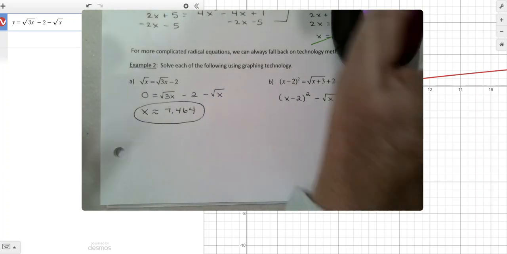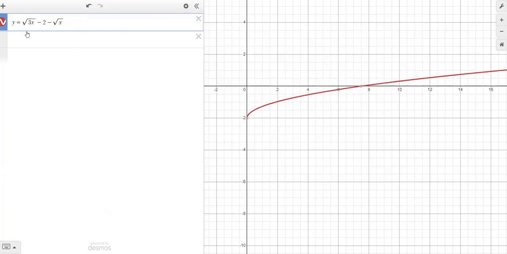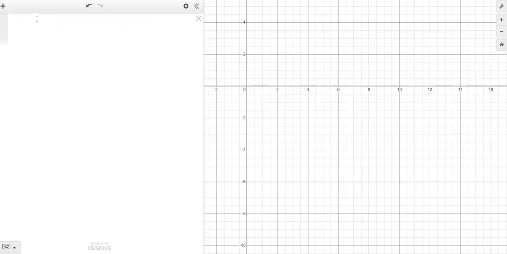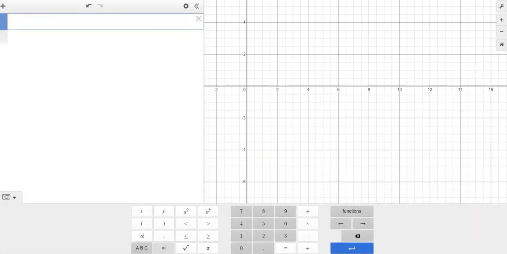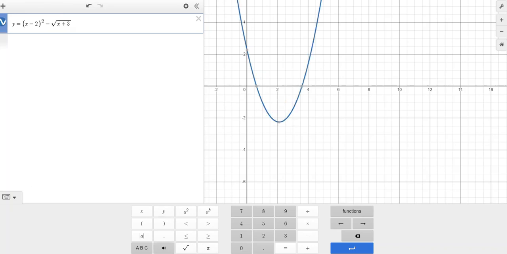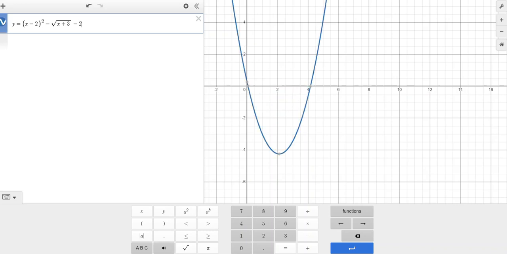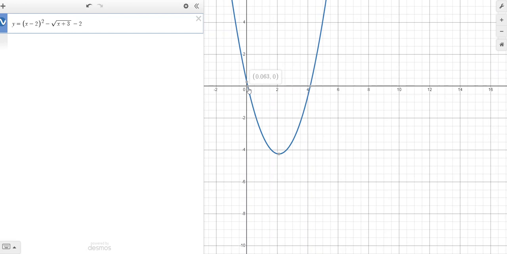So once again, I'm going to graph. x minus 2 squared, subtract the square root of x plus 3, subtract 2. This time, I see 2 solutions.